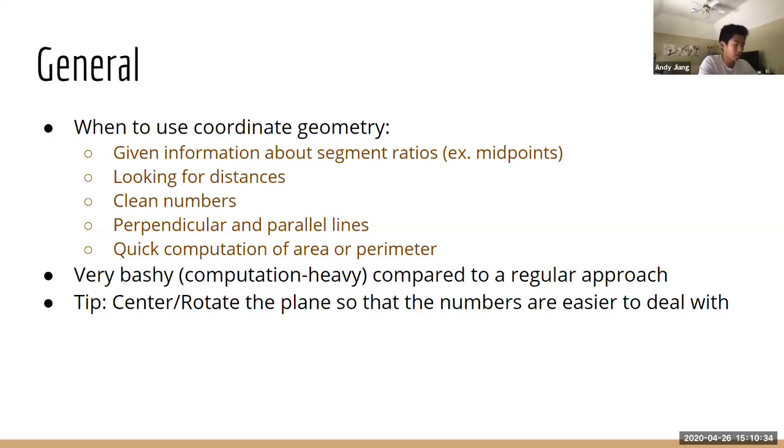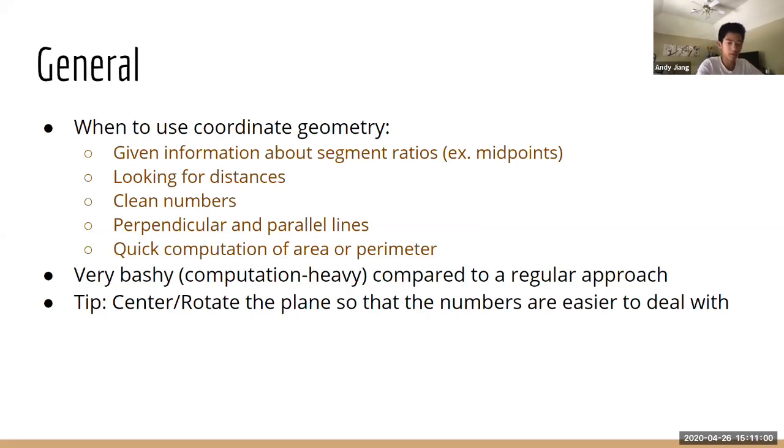So typically it's going to be very computationally heavy. You'll find that coordinate geometry problems often just digress into algebra problems, with a lot of equations and a lot of variables. So use it if you're good at that. But I would recommend to first find a synthetic solution, a solution that doesn't require this.